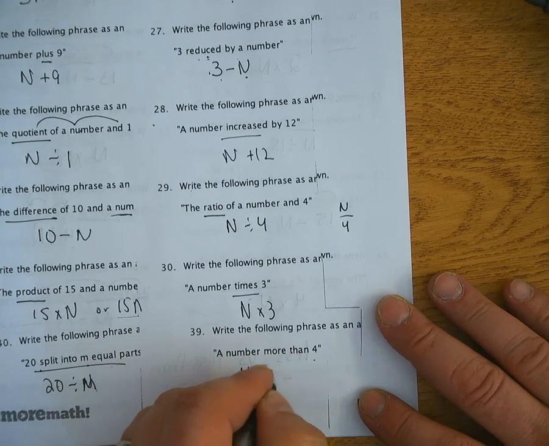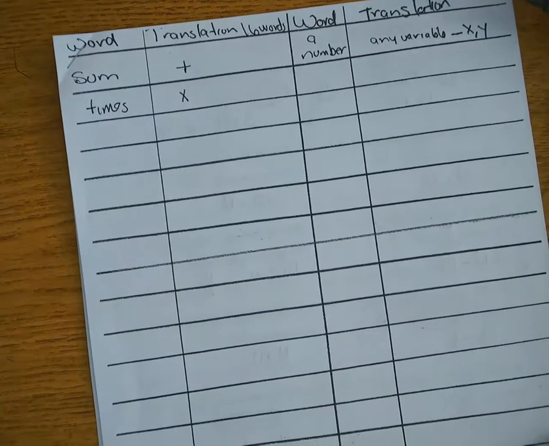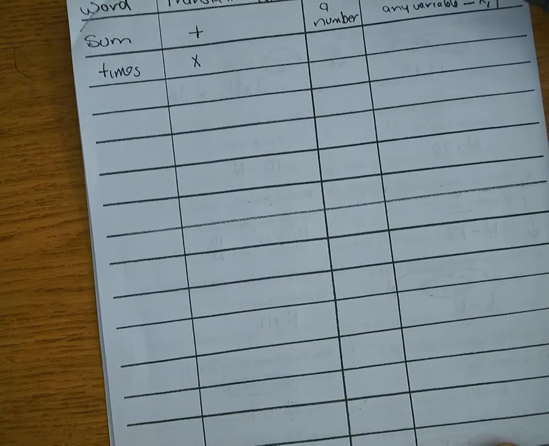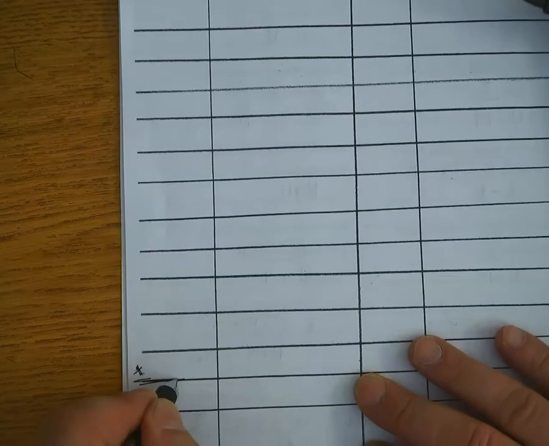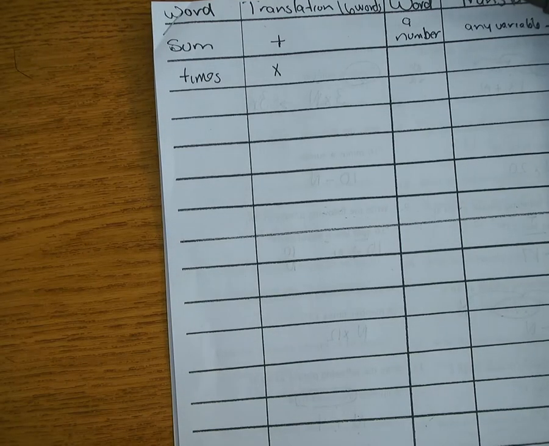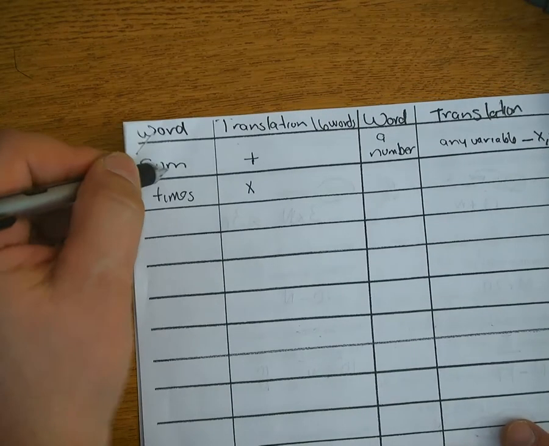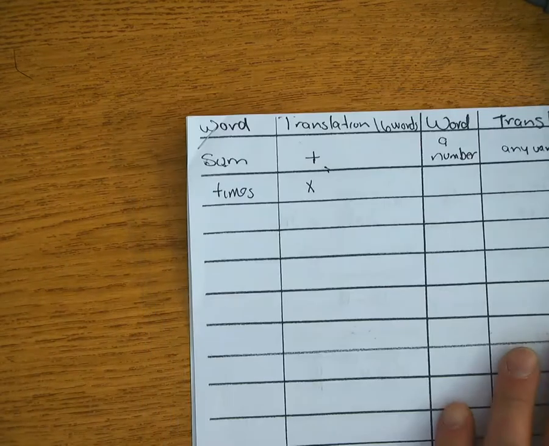So 4 plus n. Okay, so as we were going along, you were looking for new words. And like I said, I have words filled up down to here. All these words, down to here. The word and the thing gets translated on. This is a whole extra column. You won't use that probably.